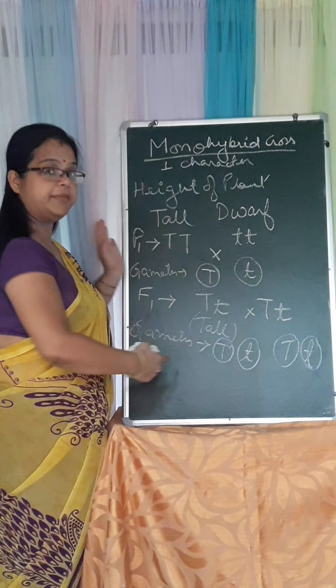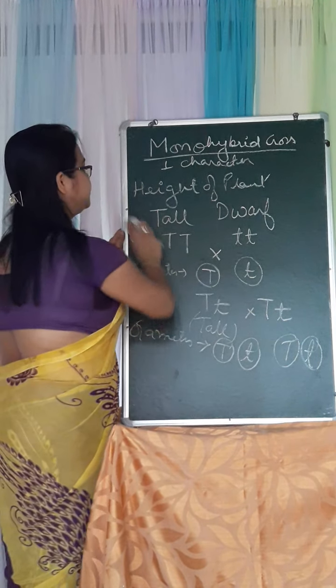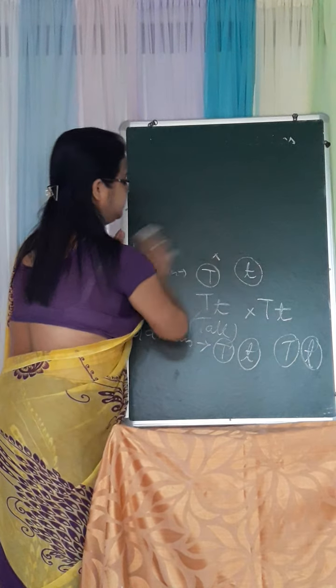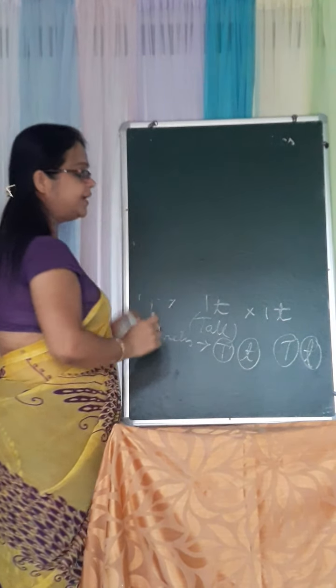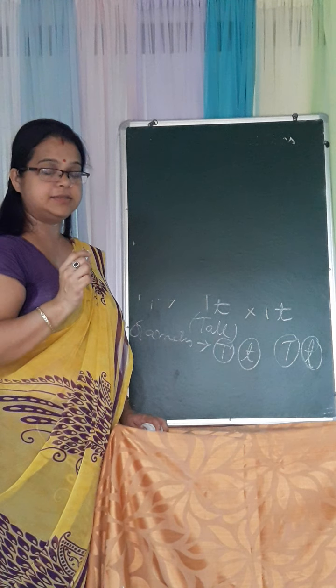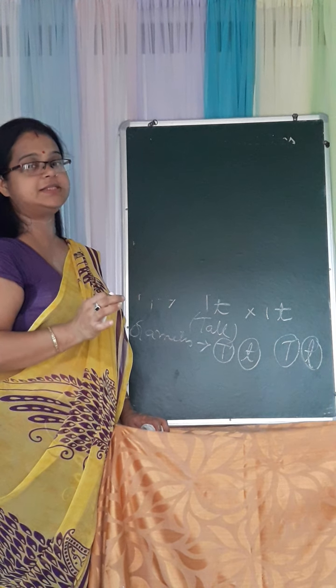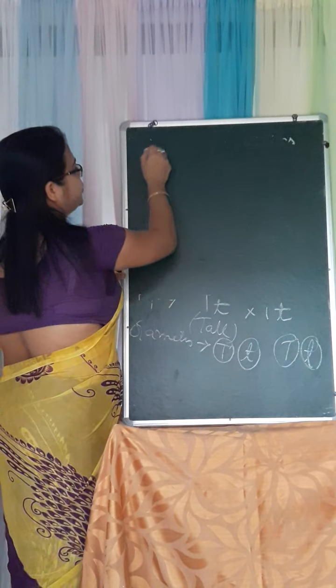Now when we have the gametes, we have to find out the second generation. How to find it? These are the gametes present. For this, a board is prepared, known as the checker board or the Punnett square.